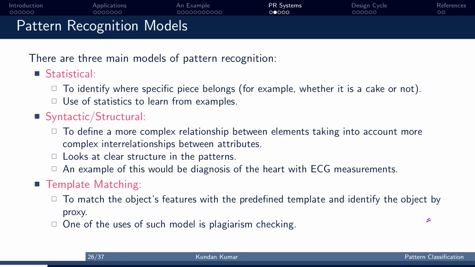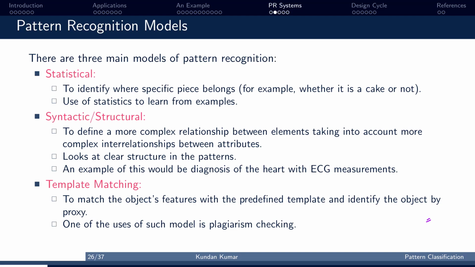The third kind of pattern recognition model we have is template matching. Here we have one template, or you can say a sub image, and we try to find that sub image in a very big image.